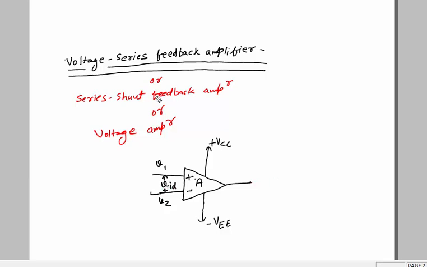Now let us give negative feedback to this. From the output we will connect to the negative terminal to provide the negative feedback through a resistance, let's call it RF.